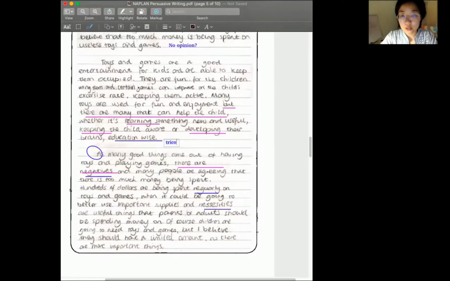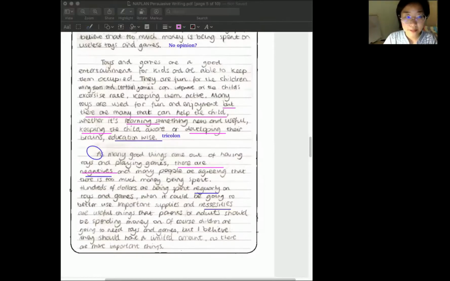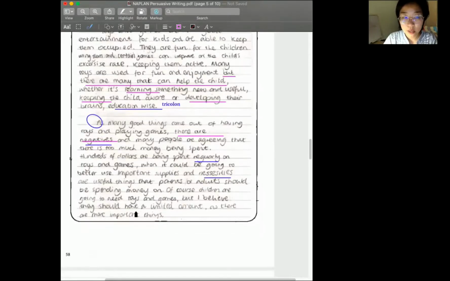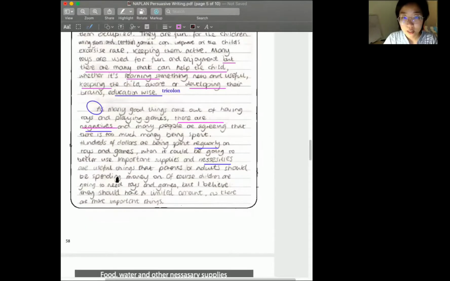We call that a tricolon. Right. Another one is what I talked about, the repetition. An example here is "there's too much money being spent, thousands of dollars." It's repeating about money, right? So that's the repetition. We have the rule of three, but sometimes two is fine. All right.